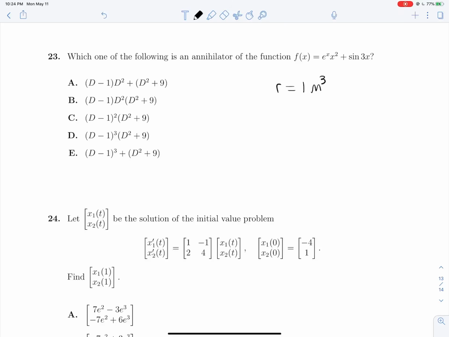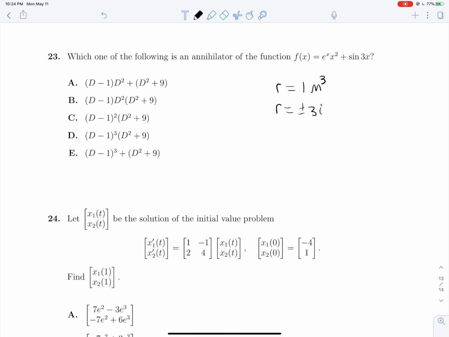Because that will give us an e to the x, an x e to the x, and an x squared e to the x. So r is equal to 1 with a multiplicity of 3 will do it, and r is equal to plus or minus 3i will give us a sine 3x and a cosine 3x. So which one of these works?